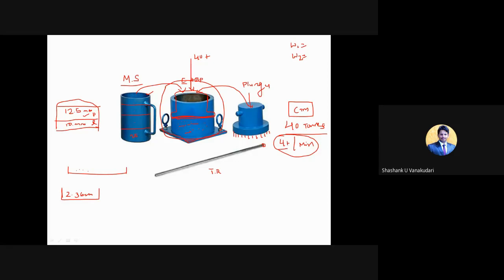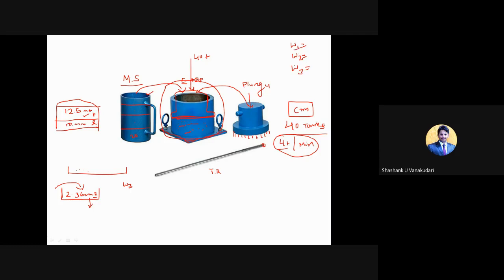So you are going to place all the crushed particles on this 2.36 mm sieve. Clear? Some aggregates will pass and some will be retained. The weight of the retained particles you need to consider as W3.